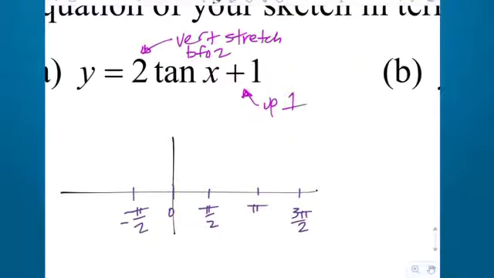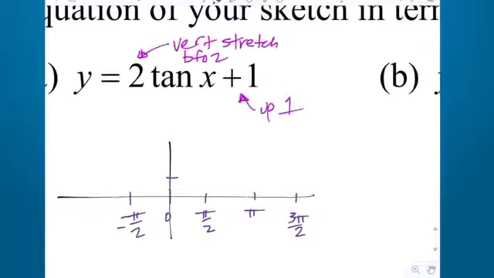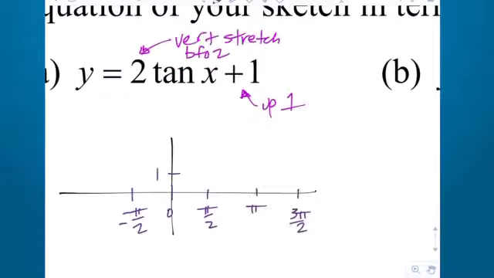Vertical asymptote or an inflection value? Inflection value. So I'm going to put an inflection value down at 0, but not at the origin, because remember everything is up 1 unit. So I'll just mark a 1 right there, and I'll put my solid dot. I don't think it's worth drawing a horizontal line through y equals 1, because we're not going to be referencing above and below. As I just go from one critical value to the next, I'm going to put all my inflection values kind of along the same horizontal line.